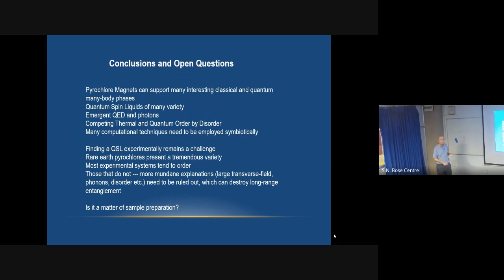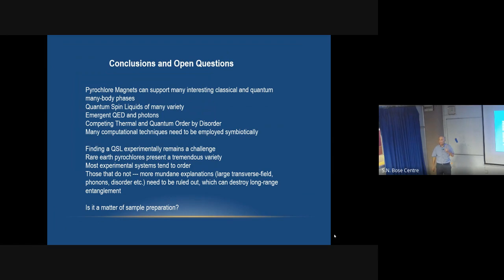Until the samples are of really high quality, you're not going to see this kind of state. And if you're studying a whole lot of systems, you can only get an indication, okay, maybe there's something here, and then you move on to something else, and then you move on to something else. So perhaps that is an answer. And I don't see any fundamental reason why a quantum spin liquid should not exist.